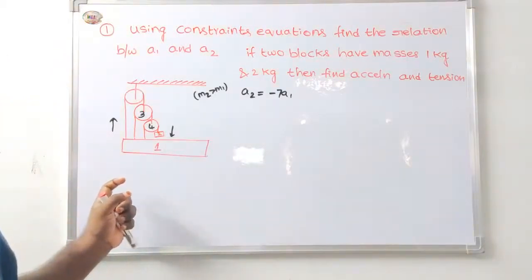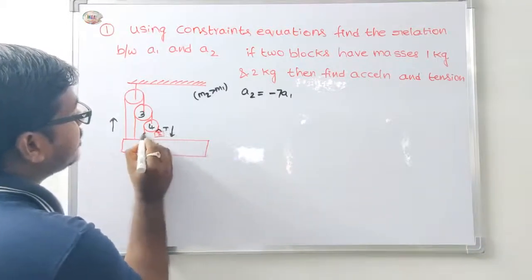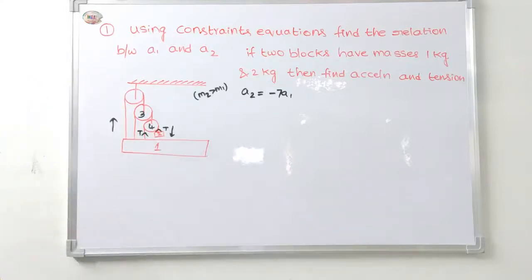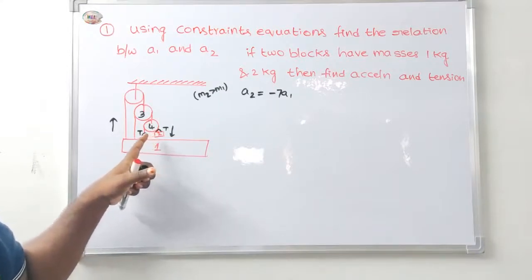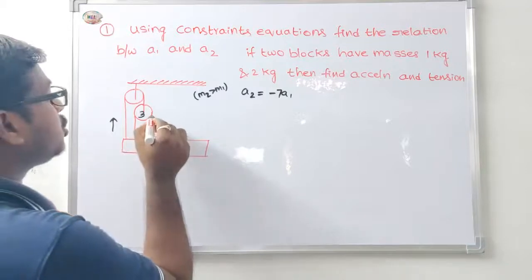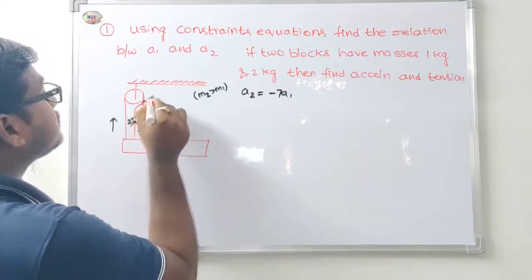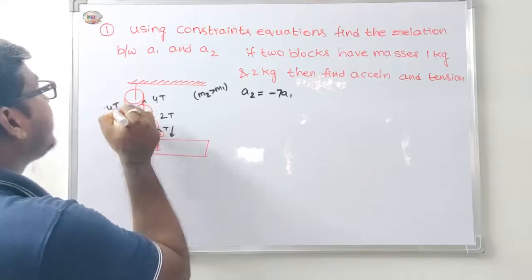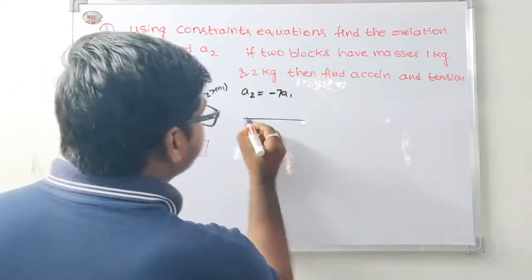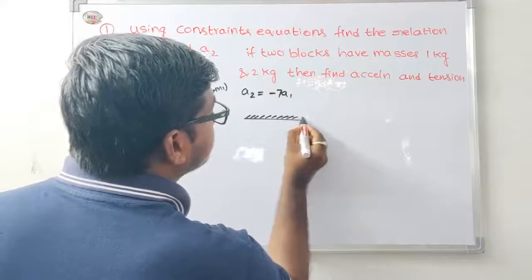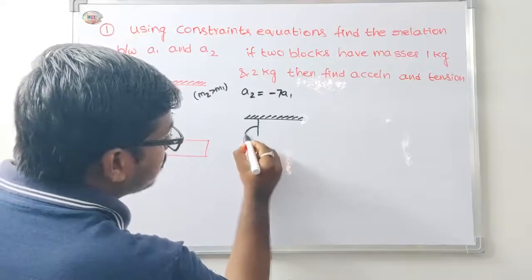Therefore, if we take tension T in the shortest string, then the tension in the other two strings will be 2T and 4T respectively.